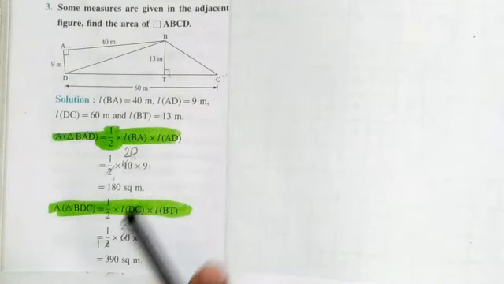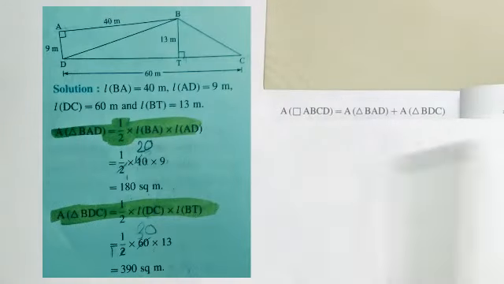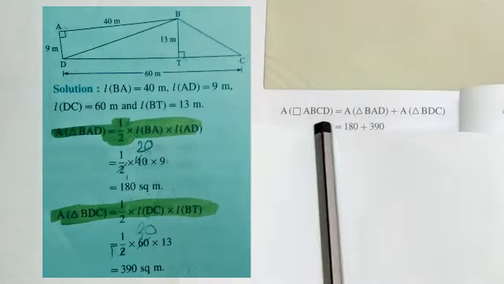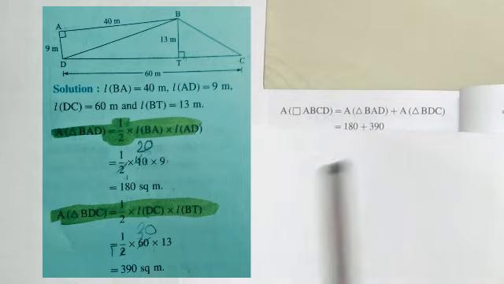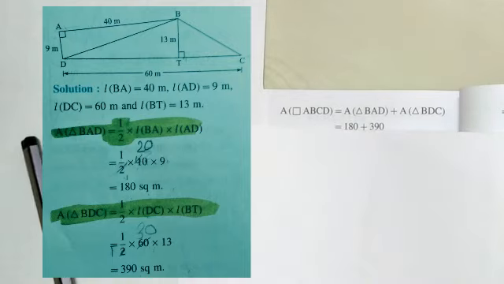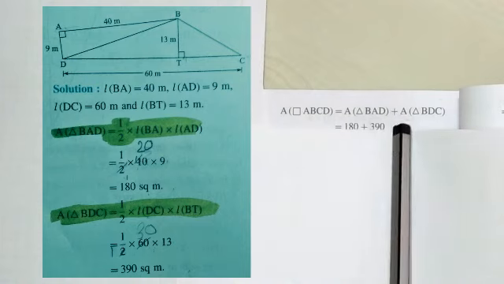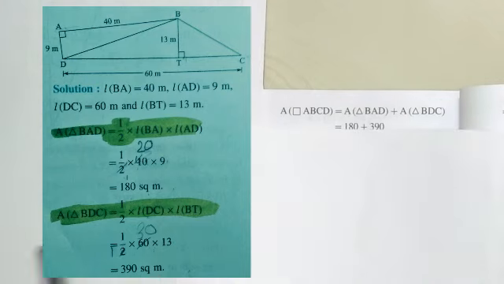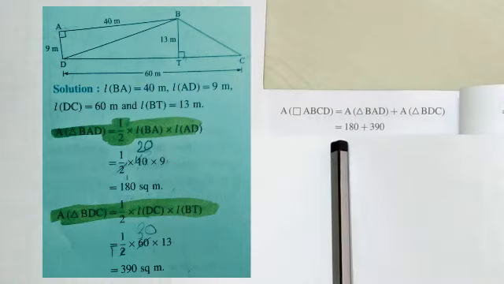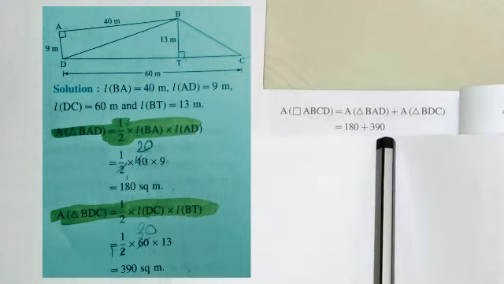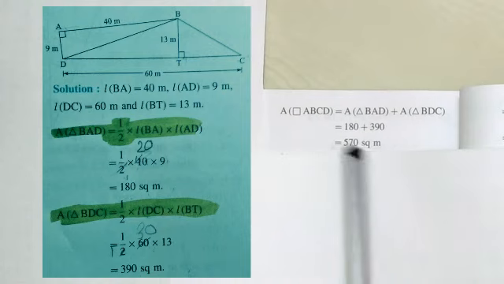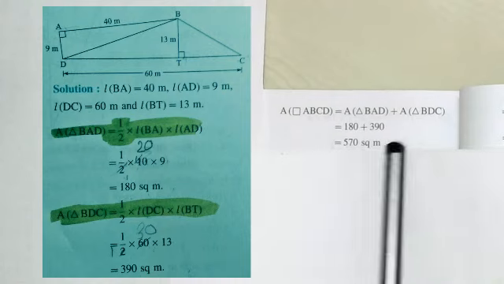Now students, let's do the addition of these two numbers. Therefore, area of quadrilateral ABCD, it means complete figure, is equal to area of triangle BAD plus area of triangle BDC, these two triangles. Let's put the values. Is equal to 180 plus 390, the addition will be 570 square meter.